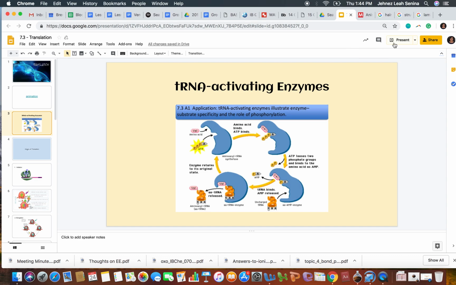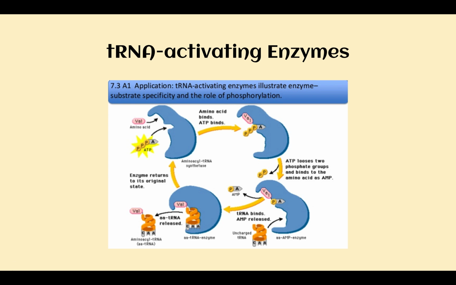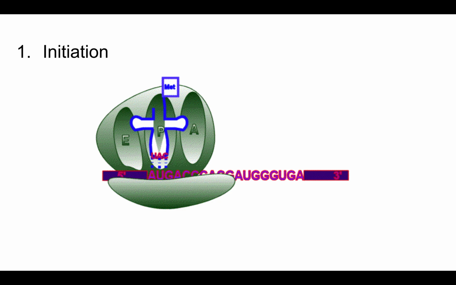Okay, enough of your commercial. So the tRNA activating enzyme adds your amino acid at the 3' end of your tRNA. Now, stages of translation. Quick review. Initiation. The first tRNA looks for the start codon, which is AUG.